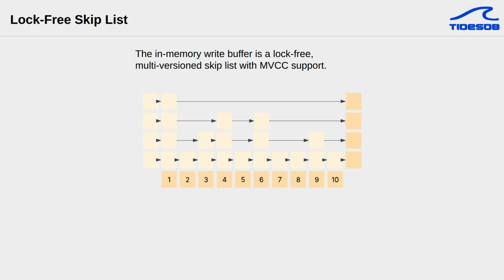Another piece is the background Reaper in TidesDB, which caches the syscall time, right? So we have an atomic cached time pointer, pretty much the current time, which the Reaper populates. This is passed to the skip list as well.